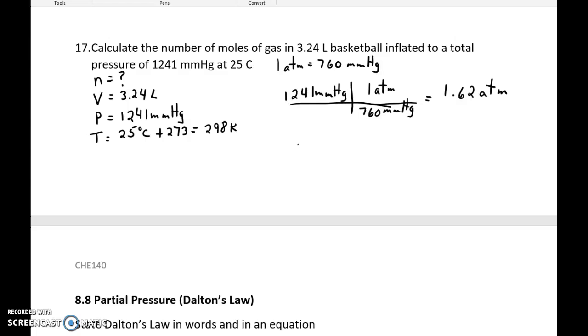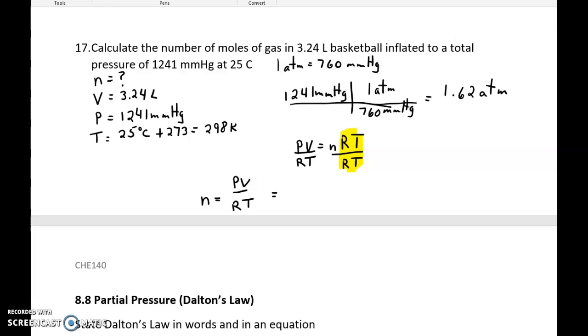We know that PV is equal to nRT. We want to solve for N. We want to keep N all by itself. So I'm going to divide both sides by RT. That will make this RT cancel with that RT and leave N all alone, which is what we're looking for. So N, I'm just going to rewrite it, is equal to PV over RT.